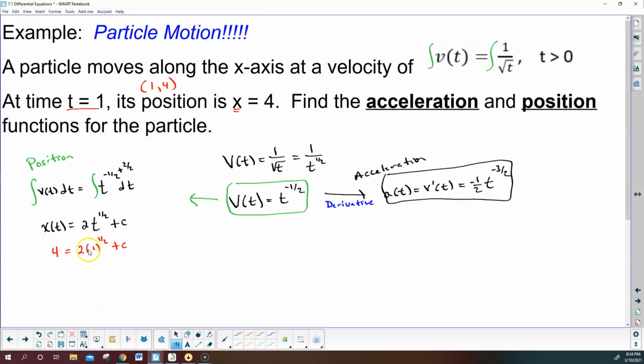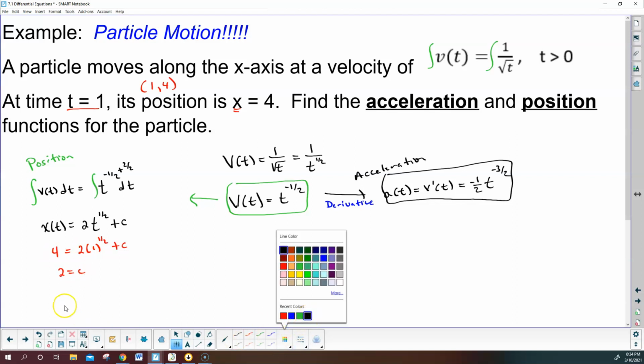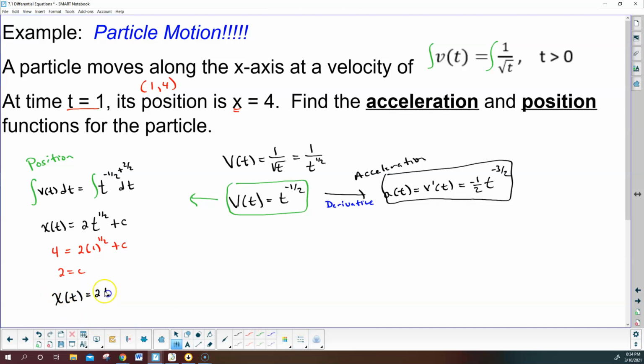Well, 1 to the 1/2 is 1, so 2 times 1 is 2. If I bring the 2 over here, 4 minus 2, c is equal to 2. My final position equation is taking this c and plugging it right back in here. So I'm rewriting this exactly, but now putting a 2.